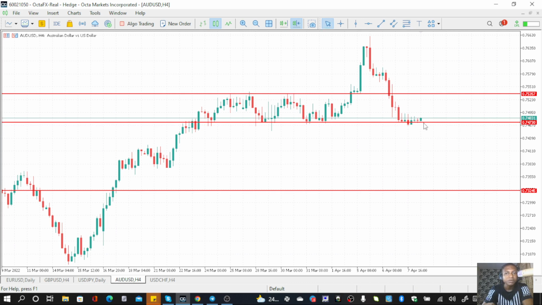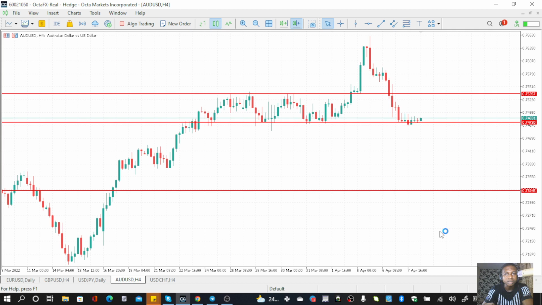Now, for us to confirm this trade, we'll have to wait for a breakout to occur here. So when the candle opens here and closes, then let me see if I can get my whiteboard and describe it very well.